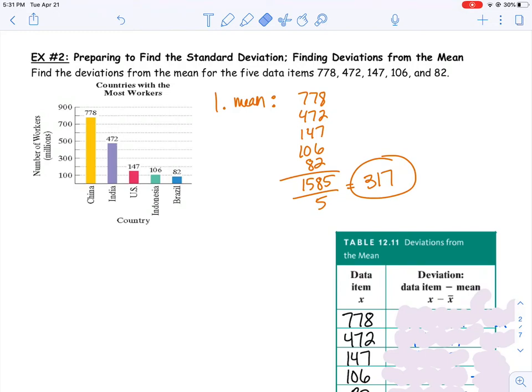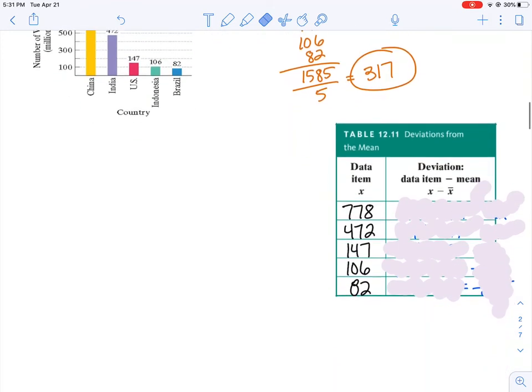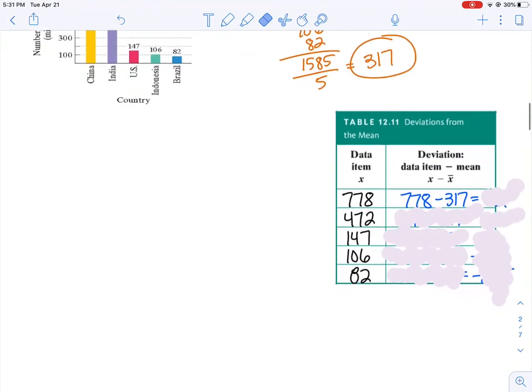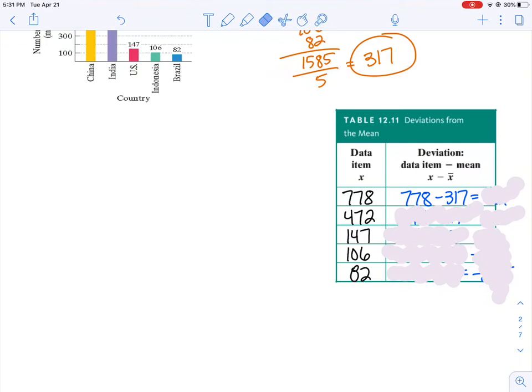Then we're going to figure out how far each of these data items differs from the mean. I took the information from the bar graph and placed it over here in the table. These are all of my different data items, and I want to figure out how much each of them differs from the mean. I'm going to take my data item in China, which was 778 million people, and subtract the mean from it.